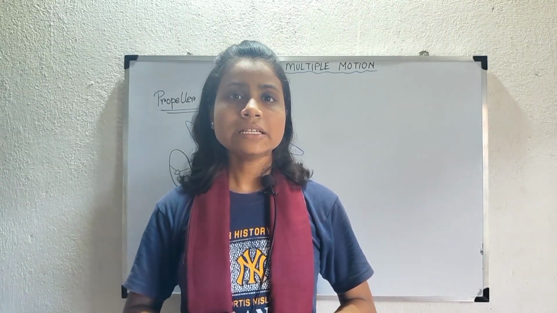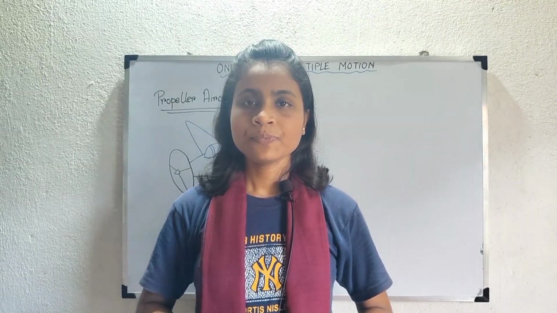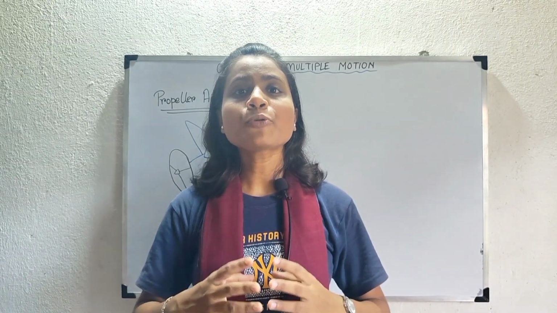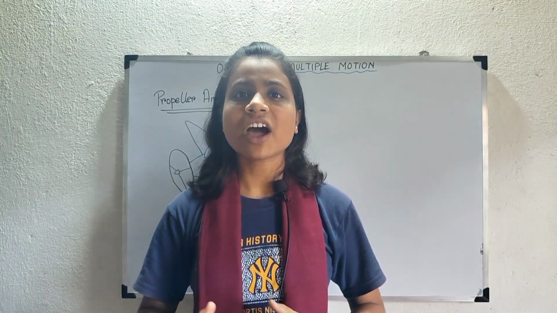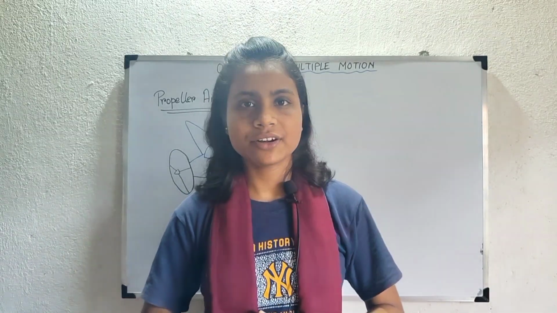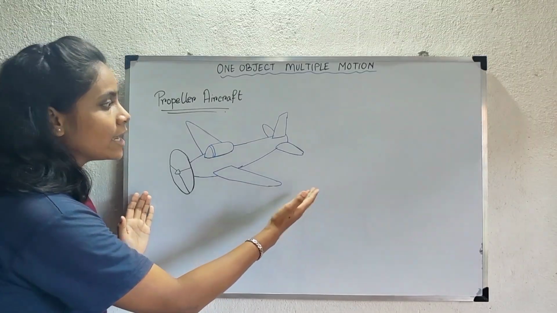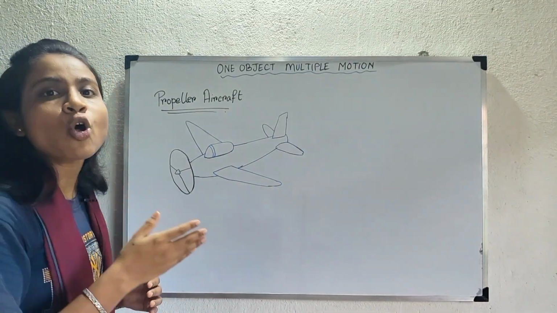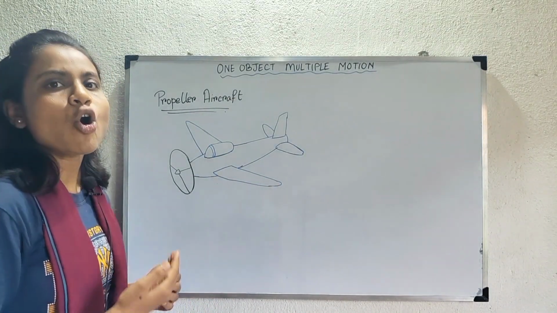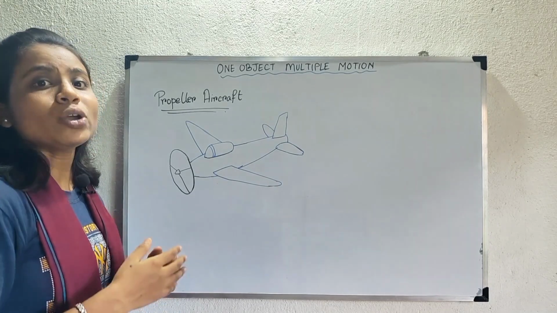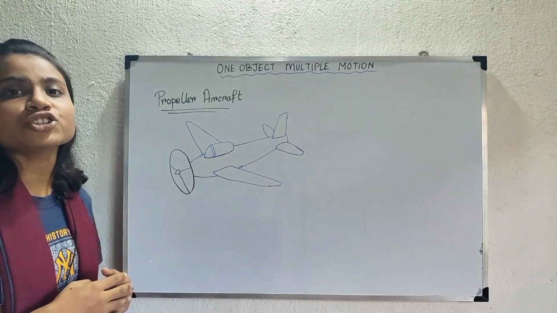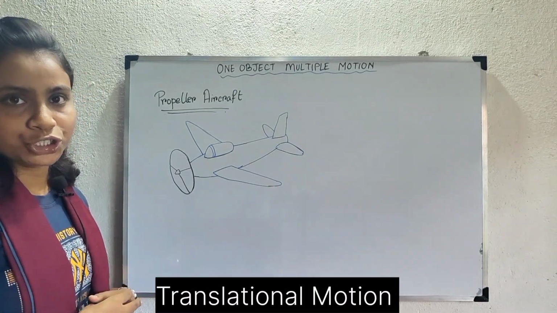Our next example is a propeller aircraft. You have seen that there is a propeller, a wheel-like structure, in front of the aircraft. The plane as a whole moves forward in a straight or curved path. So in this case, the plane is showing translatory motion.